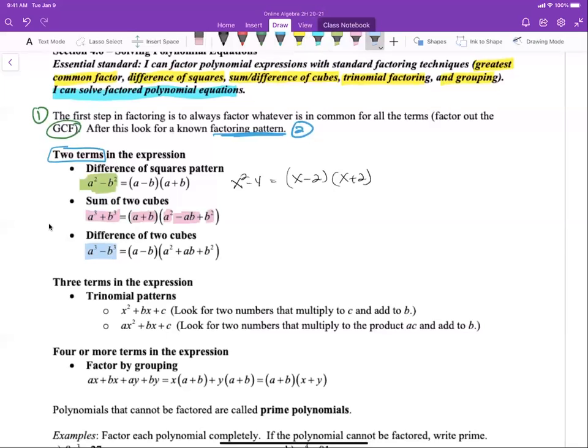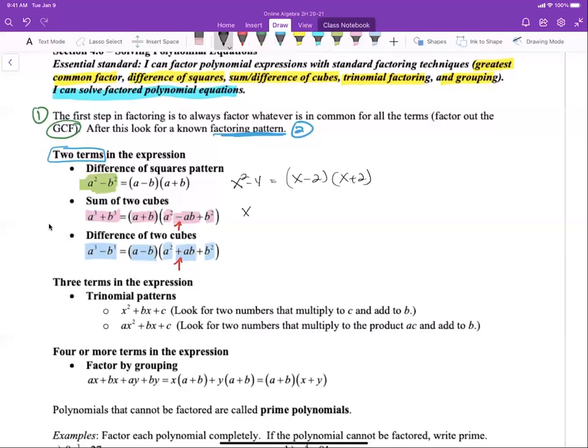Notice if it's the difference of two cubes, I have a minus b. So the sign in that situation is identical to where I started. Then I have a squared, b squared, and I have switched the center sign. So this is the only thing I have to think about: if I start off with a cubed plus b cubed, I'm going to have a plus b, and the only thing I need to worry about is the switching of the signs in the middle. Let's see what that might look like.